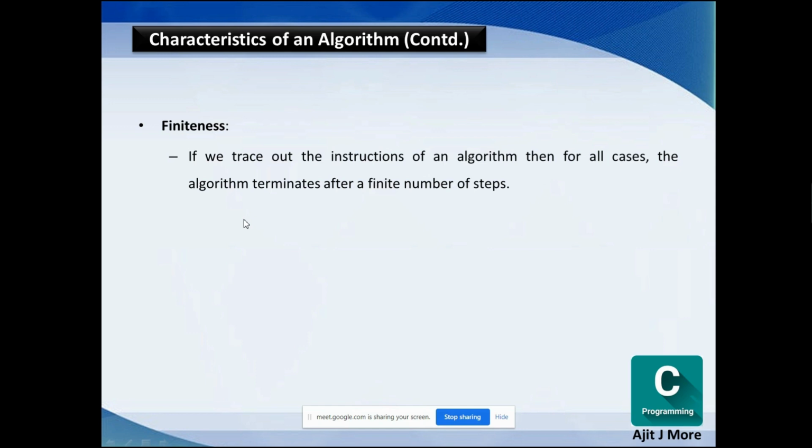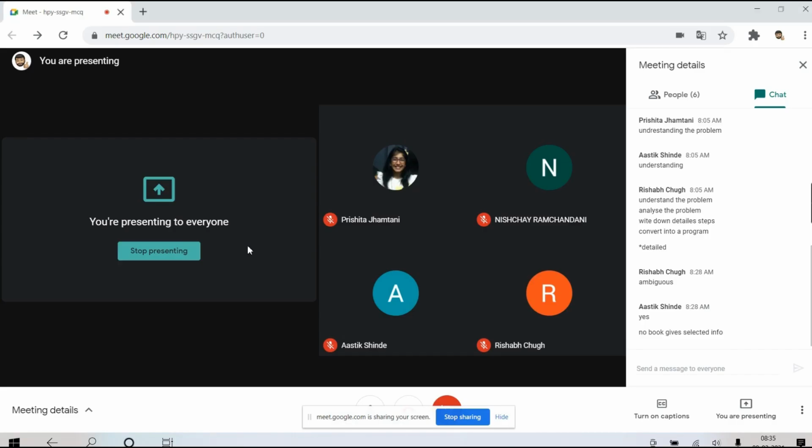As I said, not necessarily your actual programs which your machine is going to run, they will follow this finiteness property. You understanding? Clear? Best example is, can you think about any one example in your computer, okay, which is not following finiteness property? I'm sure you'll be able to guess it.